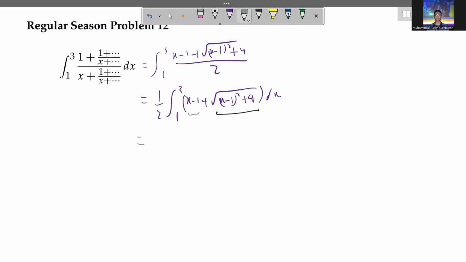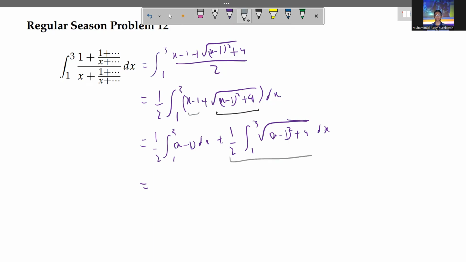So you can separate the integrals. So this becomes the integral of x minus 1 dx plus 1/2 the integral of the square root of (x minus 1) squared plus 4 from 1 to 3.